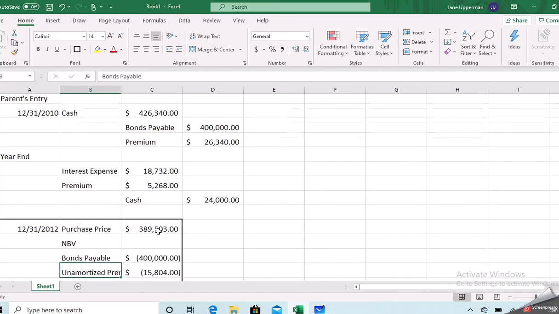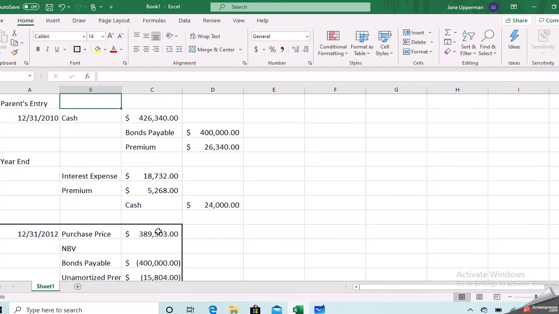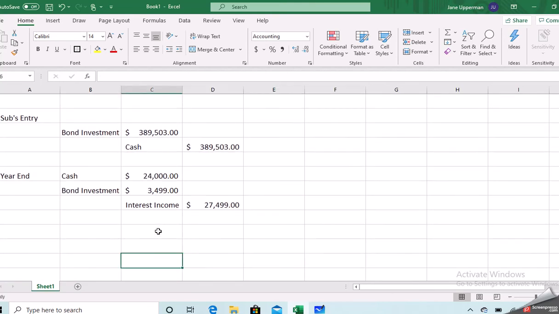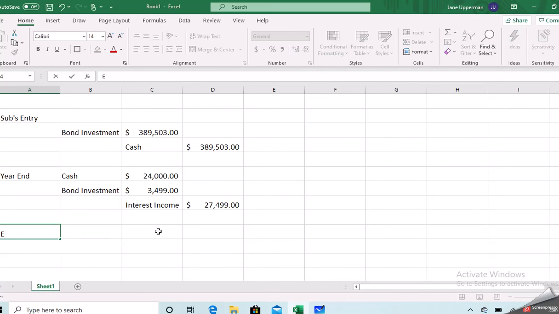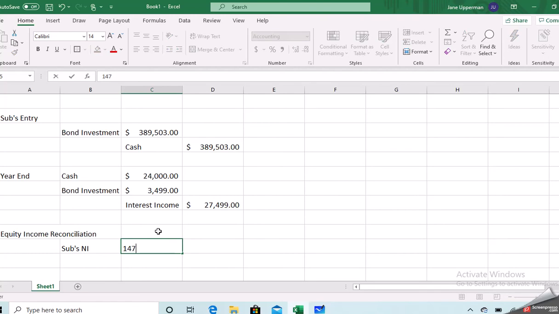Okay, so then we'll also come back to these entries. Again, we'll look at our parents and then we'll look at our subs, and then we've got the total in the middle. Now let's go down to the bottom and look at our equity income reconciliation. I start with the sub's net income, and if I pull that right off of their income statement, it's $147,499.